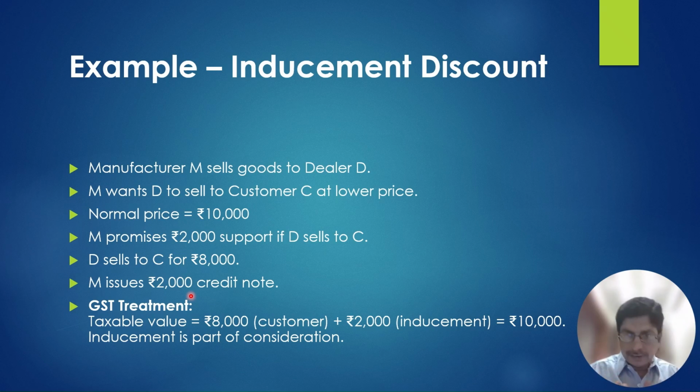The crux of this amendment is that GST is payable not only on the amount collected from the customer, in this example 8,000, but also on the inducement amount of rupees 2,000, which is receivable from M if D is able to sell that material to C at rupees 8,000. Okay, have you understood the amendment?